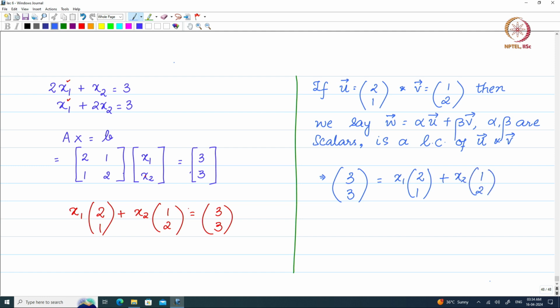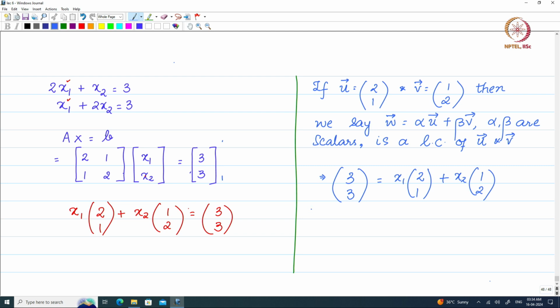So what is it that we need to do in this case? By solving the system of equations, we mean finding the values of the unknowns, whereas in the vector format, it looks like we need to find those scaling factors x1 and x2 such that the linear combination of x1 times the vector 2 1 and x2 times the vector 1 2 gives me the vector 3 3.